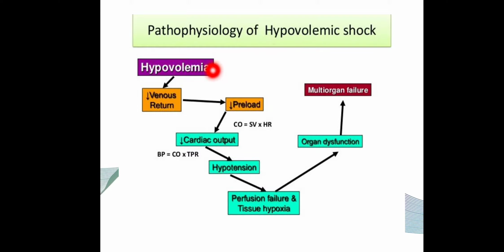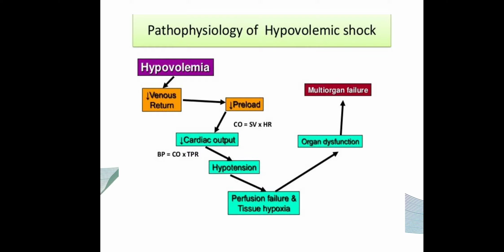Whenever there is hypovolemia, decreased volume, that will lead to decreased venous return to the heart, decreased preload, ultimately decreased cardiac output, and hypotension, and that will lead to decreased perfusion to the particular tissues, and ultimately failure of that particular organ. And if the condition persists, then it can lead to multi-organ failure. So this is how things go on in case of hypovolemic shock, right?